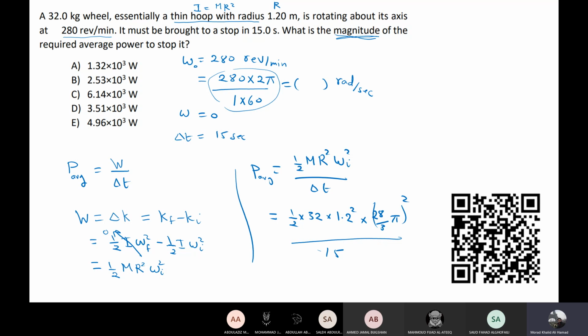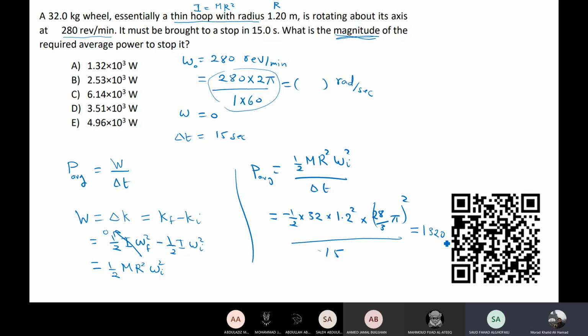Now, can you calculate this one? Okay, here we have a minus, guys, because this one is minus. Can you calculate this one? Yes, just a second, please. 1,320.57.